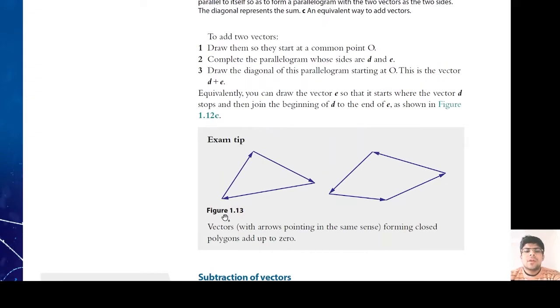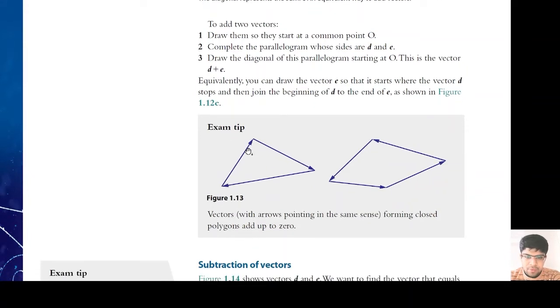These are three vectors denoting different directions, and they form a triangle. In figure 1.13, vectors with arrows pointing in the same sense form closed polygons. This is also a polygon, and this one is a triangle. So they add up to 0.